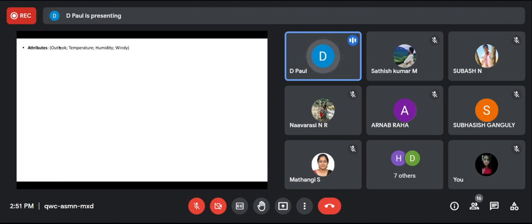Then we have the other attributes, right? Outlook, temperature, humidity, and windy.